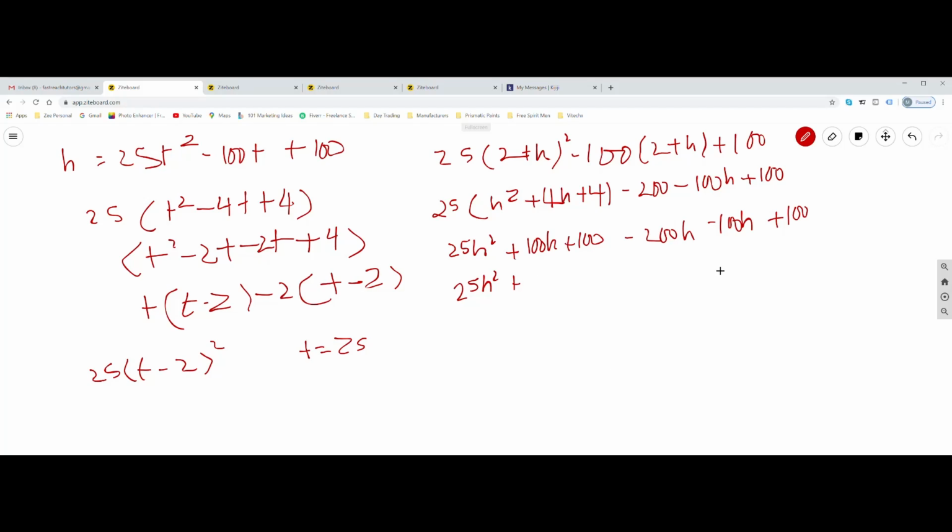So 100h minus, I have 108, so you're left with minus 100h. Then you have 100h minus 200h. You have minus 200h.